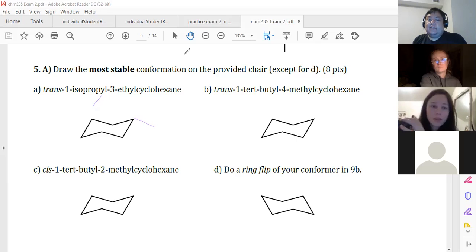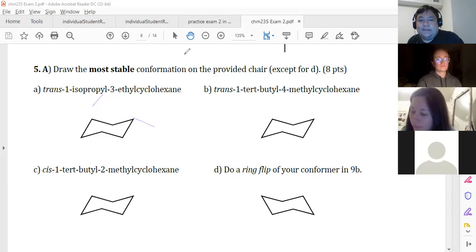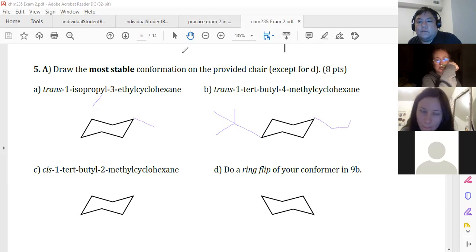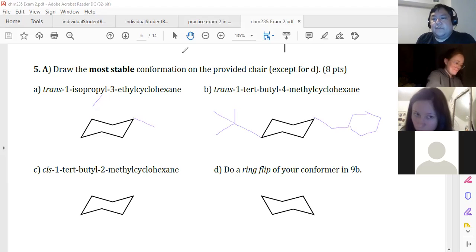So which one of these should go into the equatorial? Methyl cyclohexane. Yep, but what you're going to find out is, if I call you carbon 1, this is equatorial. This is going to be also equatorial. So they're both in the equatorial position.